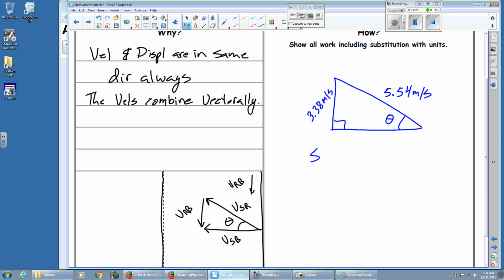So I can write sine of theta equals my opposite, 3.38 meters per second, over my hypotenuse, 5.54 meters per second, and find my theta by doing inverse sine, or arc sine, of those two.